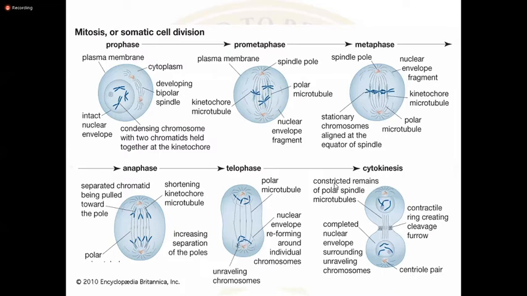Then begins the telophase. So in the telophase, you see that there will be constriction which has appeared in the cell membrane. We can see here constriction has appeared in the cell membrane. Then you see the polar microtubules are present, right? And the nuclear envelope, this is a stage of reorganization.